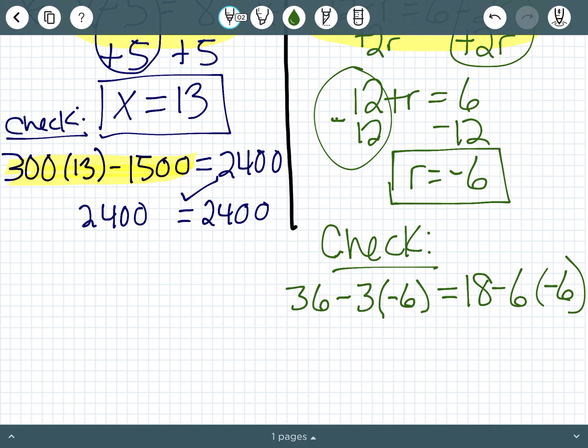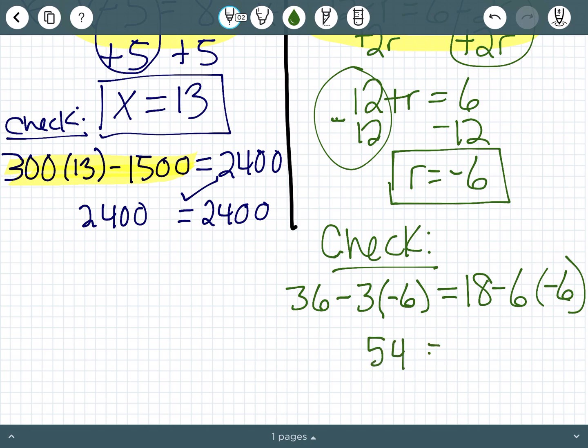Once you solve each of these out, and you can do it by hand, I would also recommend checking it in a calculator just to be sure.